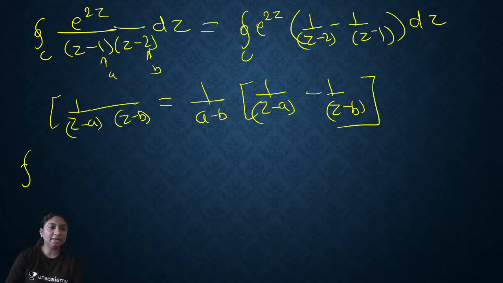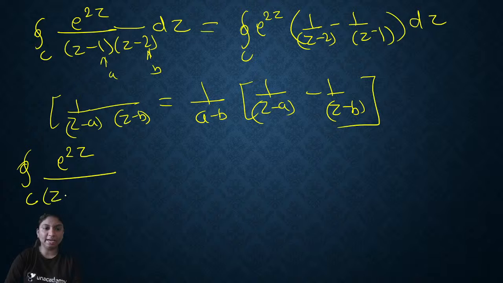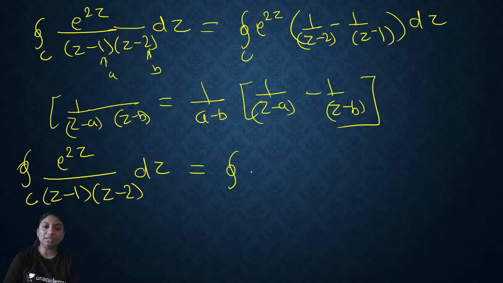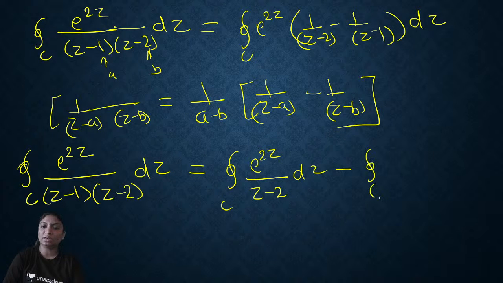So the integral over C of e raised to 2z upon (z minus 1) into (z minus 2) dz is equal to the closed integral over C of e raised to 2z upon (z minus 2) dz minus the integral over C of e raised to 2z upon (z minus 1) dz.